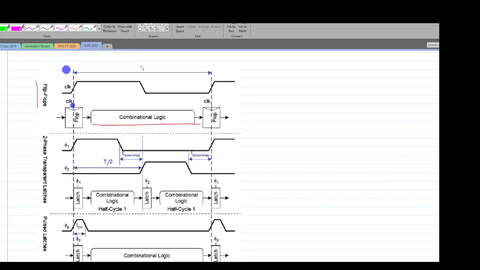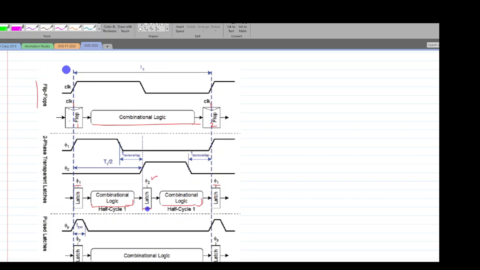If you look carefully, these flops are driven by the same clock signal. It's a single clock signal that goes to both flop number 1 and flop number 2. In the case of a two-phase latch system, the combo logic is divided into two components, and between these two combo logics we have an intermediate latch as well. Apart from the input and output latches, the intermediate latch is driven by a different clock signal than the input and output latches.